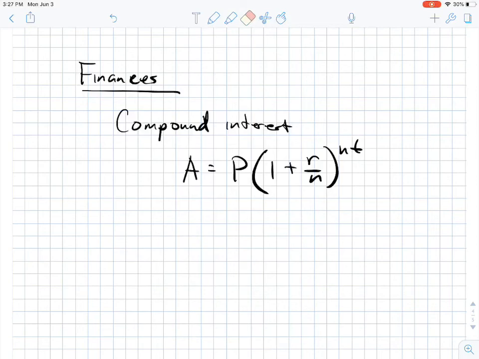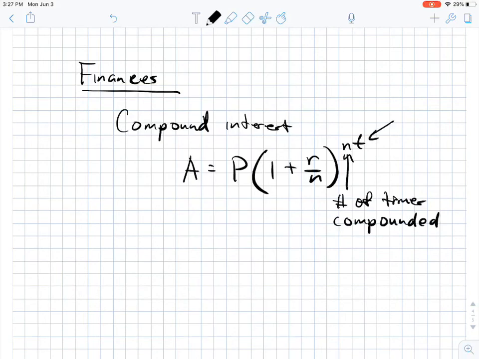And notice the product up here as your power. So this value right here is the number of times compounded. And of course, the T here is time, which is usually in years.